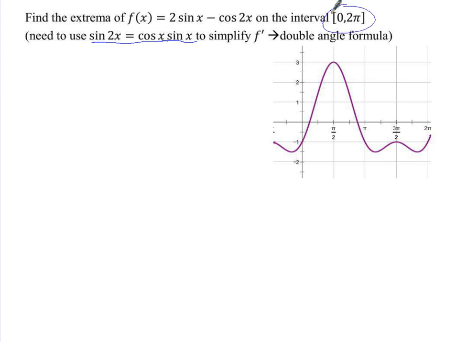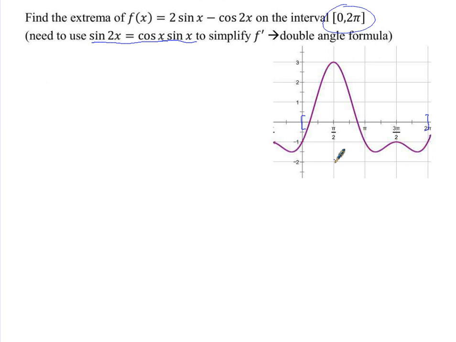But this one will because it is a trigonometric function. It's going to have repeating values. So we're only going from 0 to 2 pi, and it is a closed interval. So we're going from here to here, which means that we're going to exclude that one right there. But we will be talking about this one, this one, this one, and this one, plus the two endpoints.